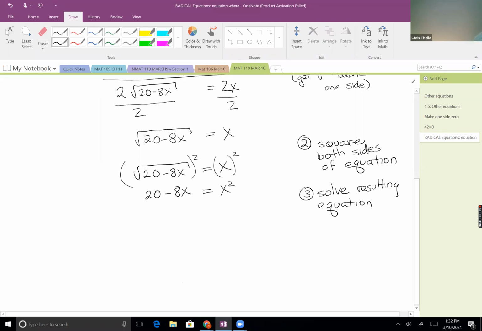We could make one side 0 and factor. We could make one side 0 and use the quadratic formula. Or we could get the constant alone and complete the square. But of all of those things, factoring was the first thing that I learned how to do. So I guess that's most within my comfort zone. So I'm going to start there by making one side 0 and seeing if I can factor.